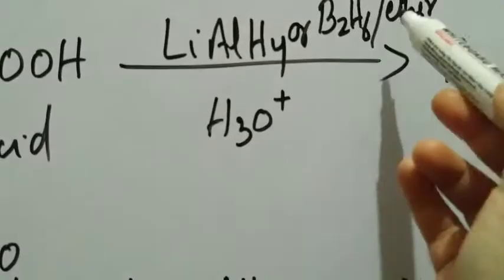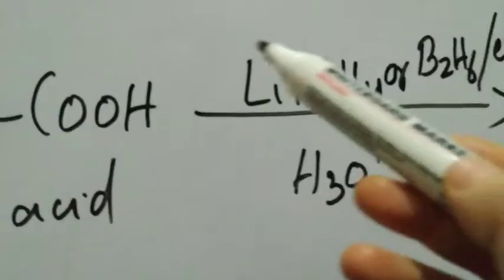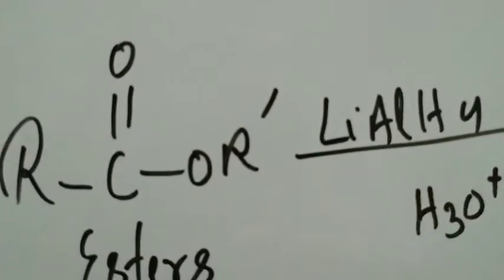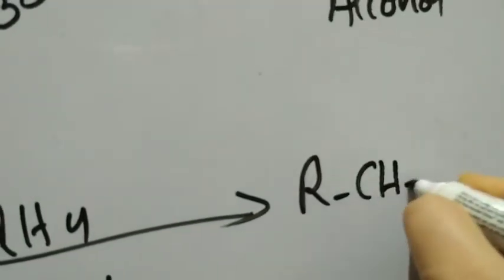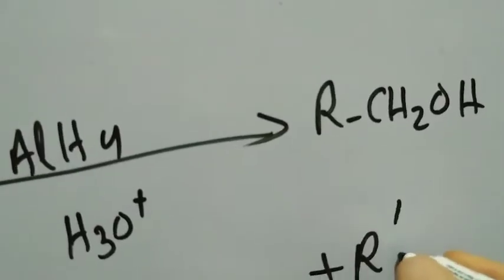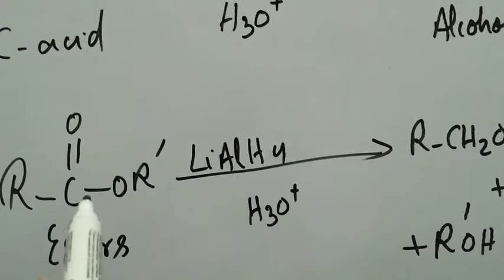B2H6 is not a very efficient reducing agent for an ester. It can be used as a reducing agent for carboxylic acids, but not a very effective one for the ester. What you get here is RCH2OH plus R'OH.